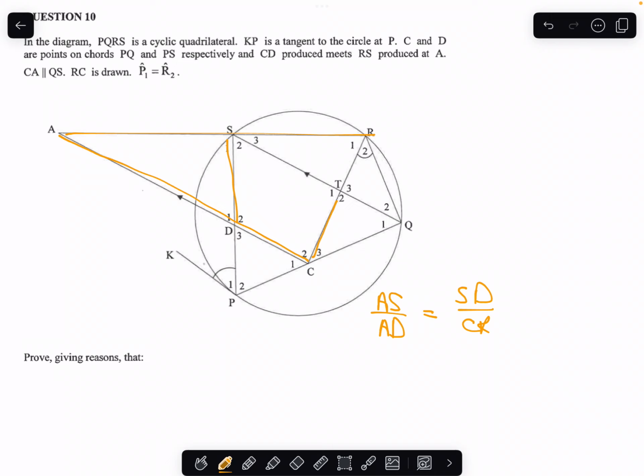Then from the second triangle, they say AS over AR is equal to TC over CR. So yeah, that's just saying AS over AR is equal to TC over CR.